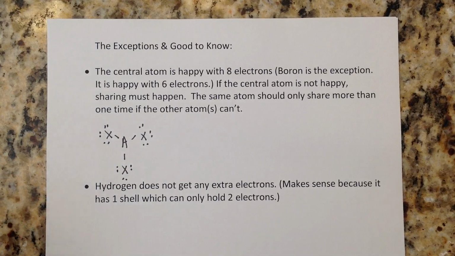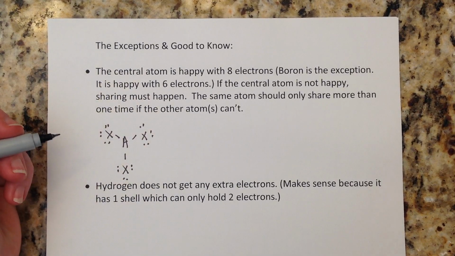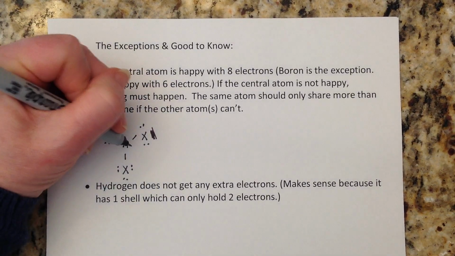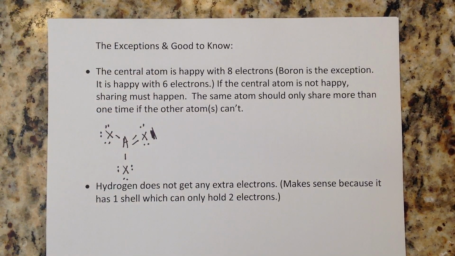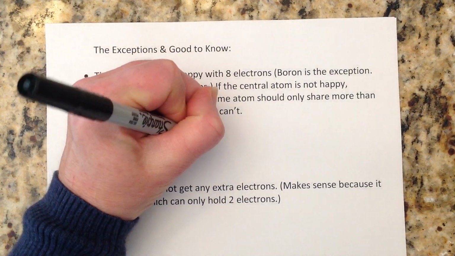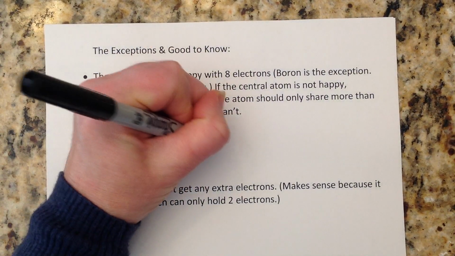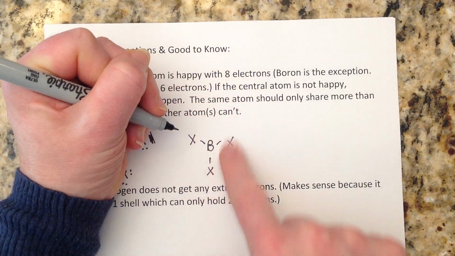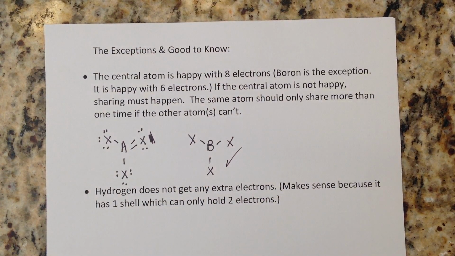So we would have to take a pair of electrons from one of these, and it's not going to matter which one in this case, and share it with the central atom. So sharing happens after we've put all of our electrons down and we have asked ourselves that $1 million question: is the central atom happy? Boron, again, is the exception. If boron happens to be your central atom, it is actually going to be happy with just 6 electrons.